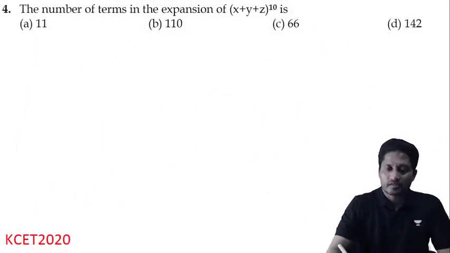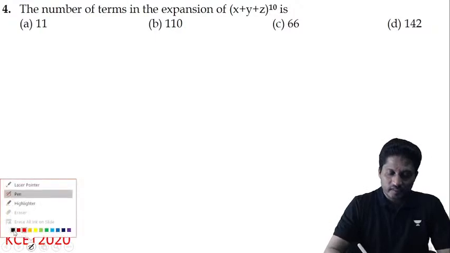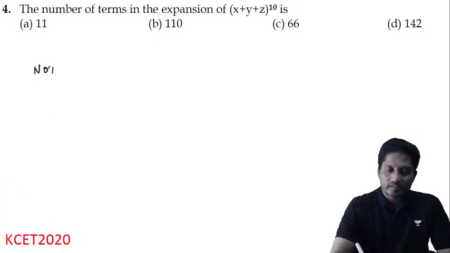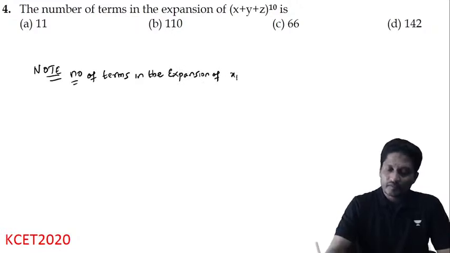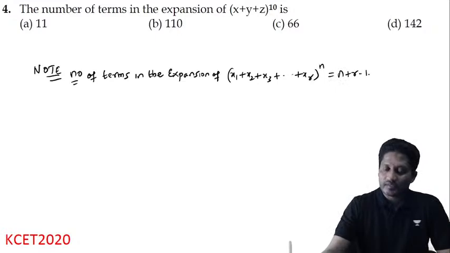Number of terms in the expansion of, I'll just give you the general result. The number of terms in the expansion of x1 plus x2 plus x3 and so on up to xr whole to the power of n is equal to n plus r minus 1 C r minus 1.